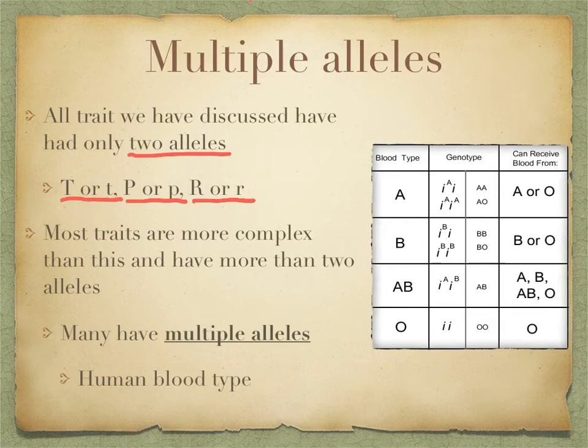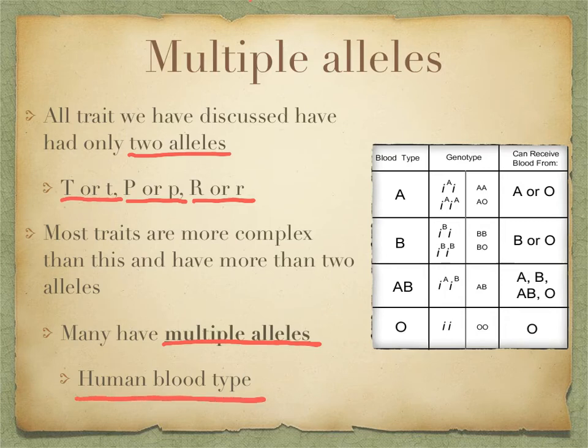Red or white, uppercase or lowercase r. Most traits, especially when it comes to human traits, are more complex than that and will have more than two alleles. Many of these have multiple alleles. They're called multi-allelic traits. Human blood type is one example of this.